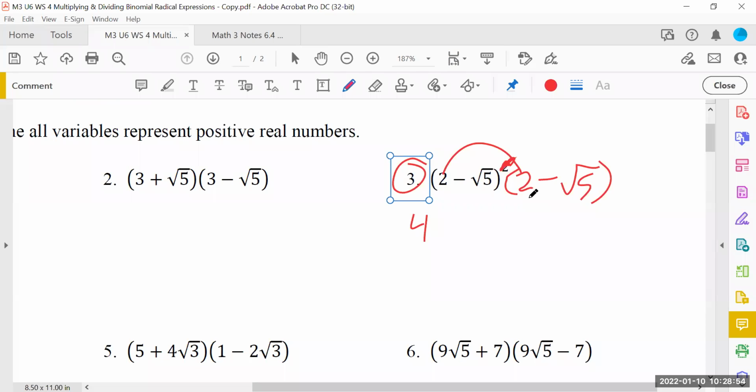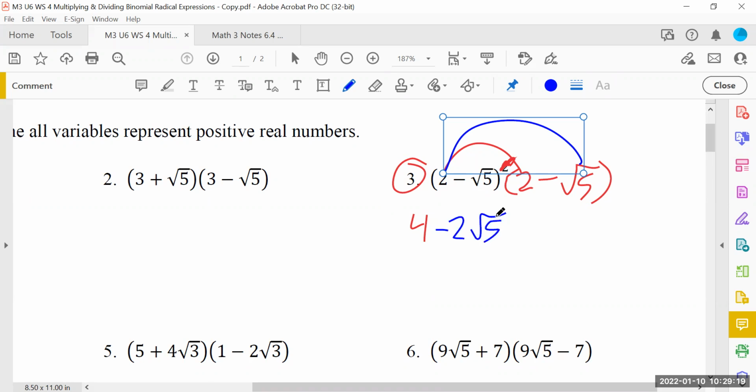Let's keep going. Alyssa, what do we multiply next? Yes, let's stay in the same order I've been doing. Again, if you do it in a different order, that's okay, as long as you don't miss any. And so what does that give us, Alyssa? -2 root 5 is perfect.